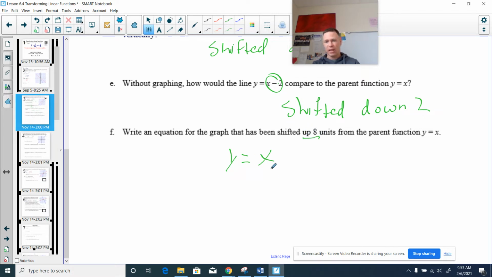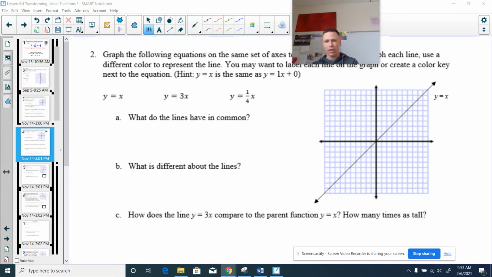And if it shifts up 8, then we're adding 8. Okay? That's the first question, and it's all about shifting. The way we shift a linear equation or a graph of a line is by adjusting the y-intercept. We say it's shifted up or down based on that y-intercept, positive or negative, for the numerical value there.